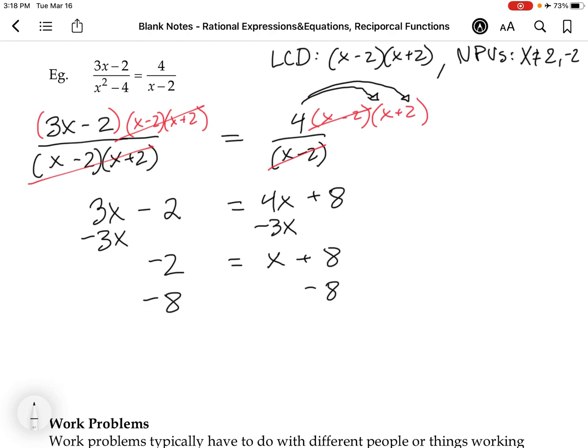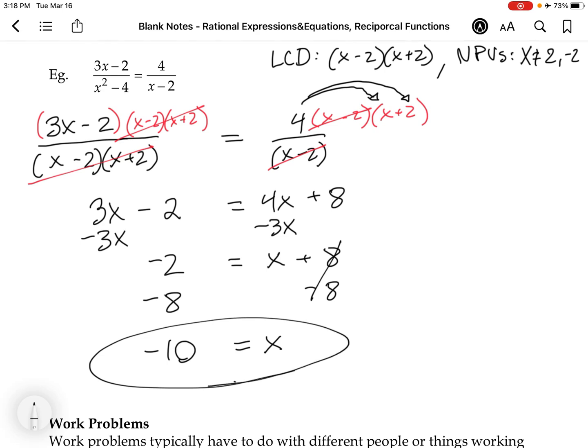And then I can subtract 8 from both sides, and I get x equals -10. And what I now need to do is check there. Okay, and I can see that that answer of x equals -10 is a valid answer because it is not a non-permissible value.